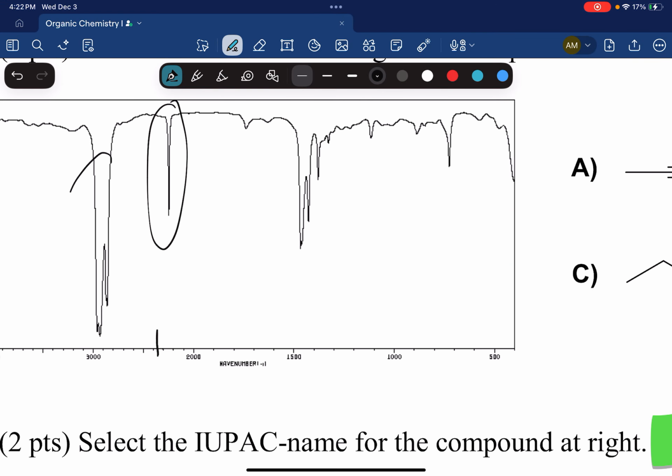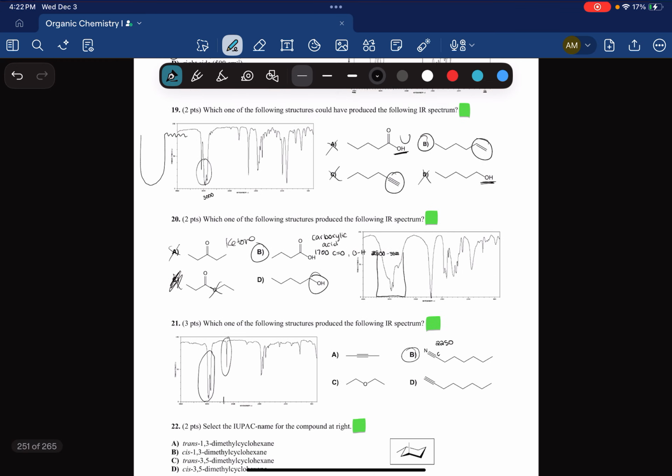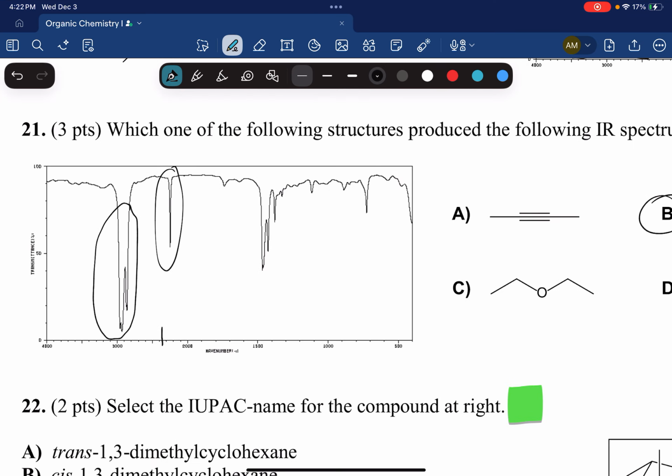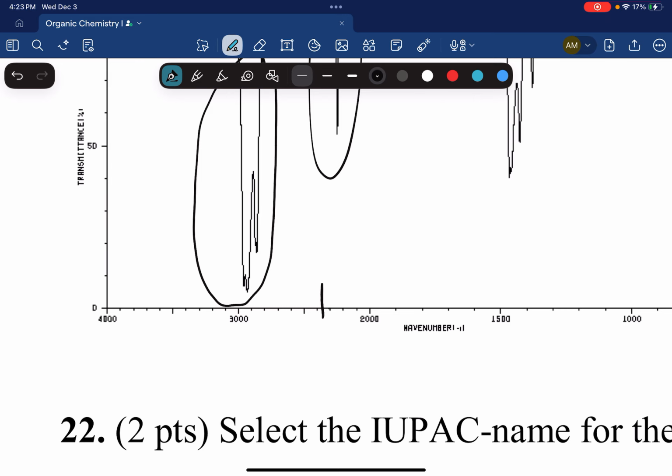And then this over here is the same. Not the exact same, but remember we were talking about those sp carbon hydrogens. Carbon hydrogen sp bonds are about 33,000.